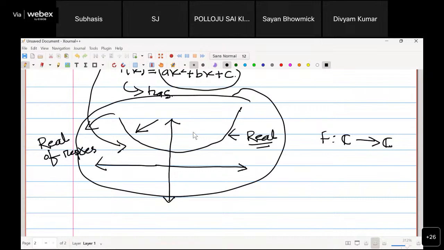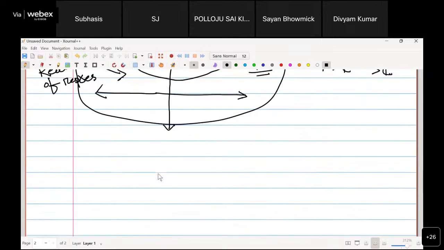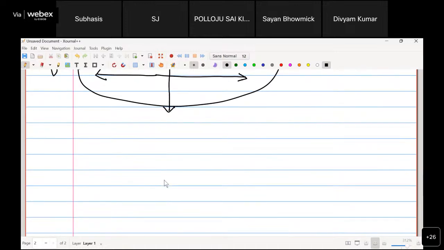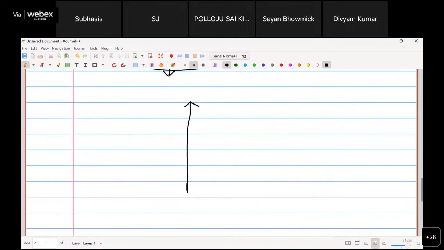In some sense there is symmetry, because what is an odd function?